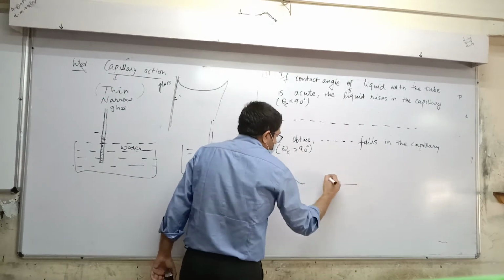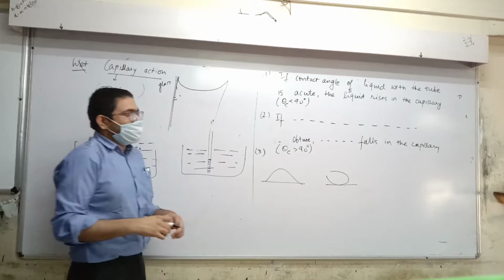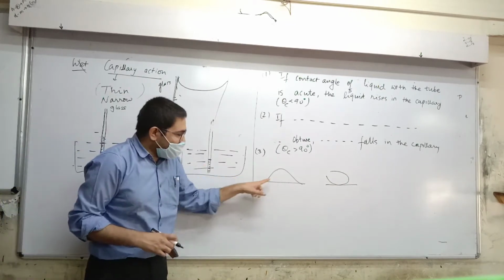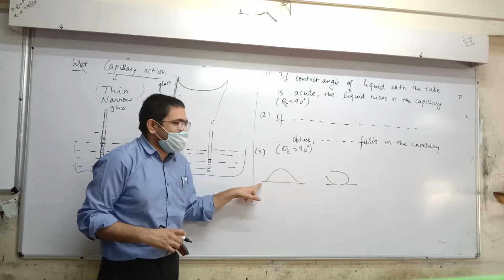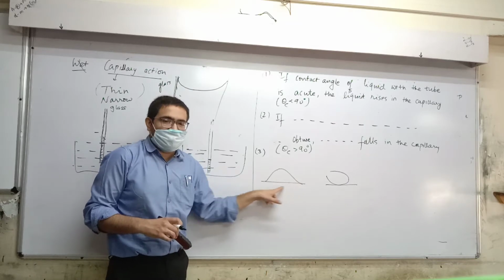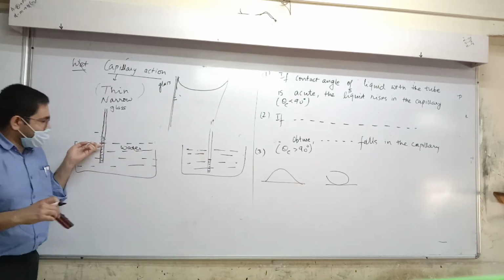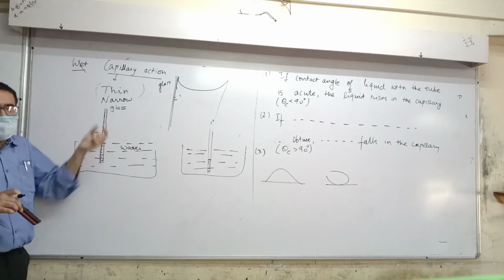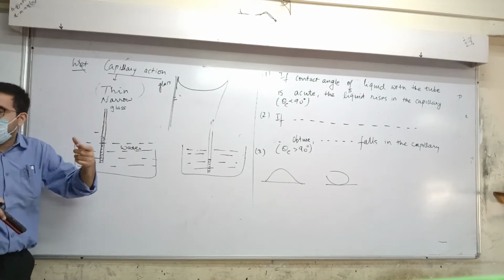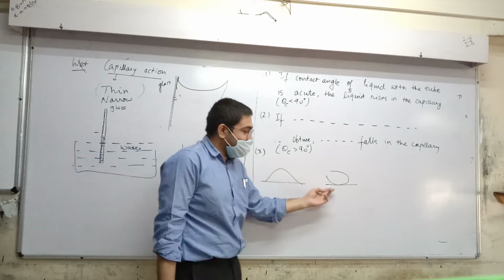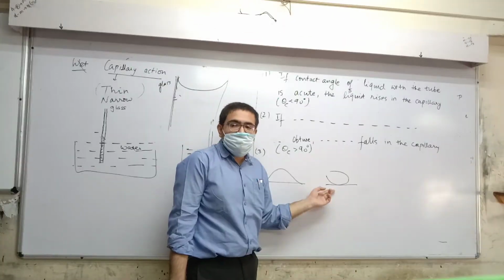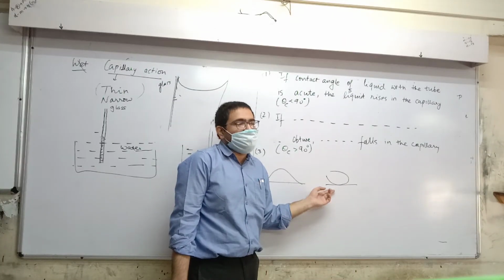Why are they like this? Here, this liquid tries to come in contact with the surface. I hope you understand why it will rise, because it wants to touch that surface more. On the other hand, over here, it doesn't like to come in contact with that.